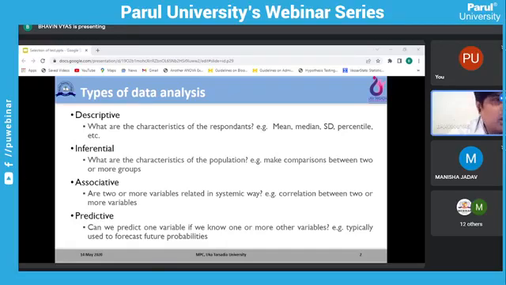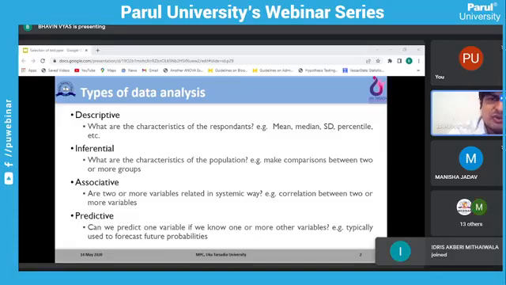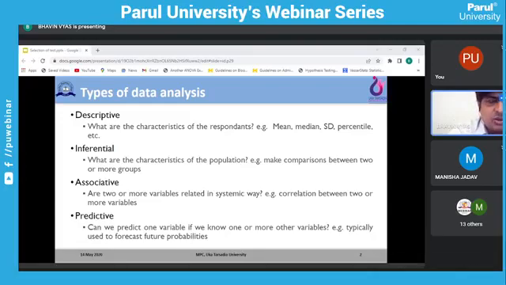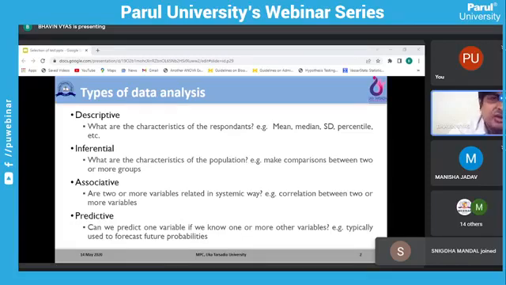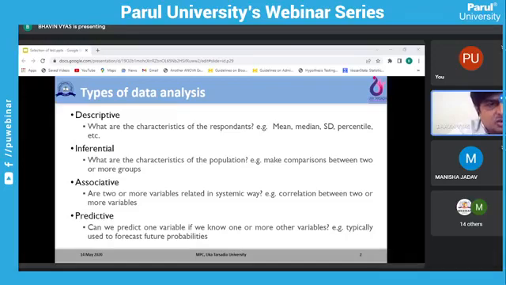So in predictive data analysis, with the data you have collected by doing some experiment, you will be forecasting that if in future you do this type of experiment, this type of result will be there. You will be generating something called a mathematical model, and if you change one variable, what the outcome will be can be predicted. If you are doing that type of data analysis, that is known as predictive data analysis.